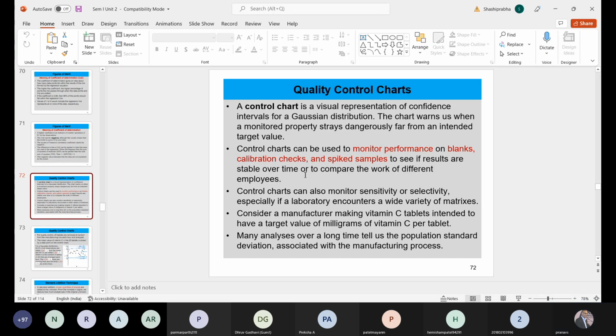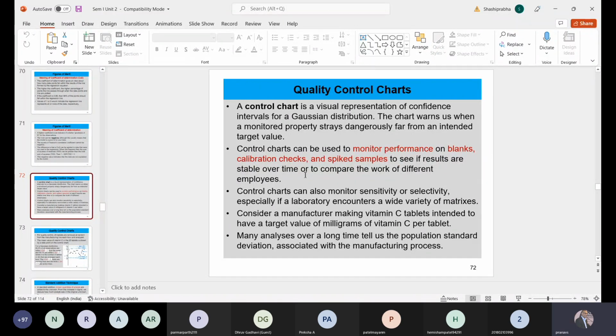So if this could be shown on a monitor, which displays in some form whether any of those 100 measurements observe Gaussian distribution based on confidence intervals, this is what the control chart is.